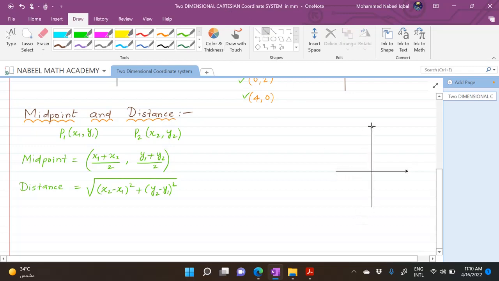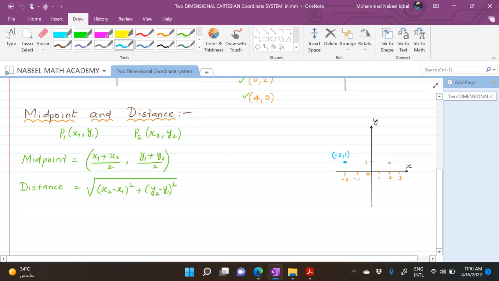This is my y-axis and x-axis, and the points are 0, 1, 2, 3, and here -1, -2. I will take some value here, maybe this point. What is this point? The x value is -2 and y value is 1, therefore it is (-2, 1).